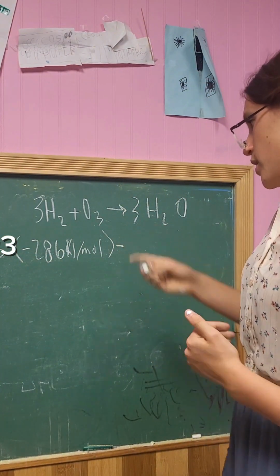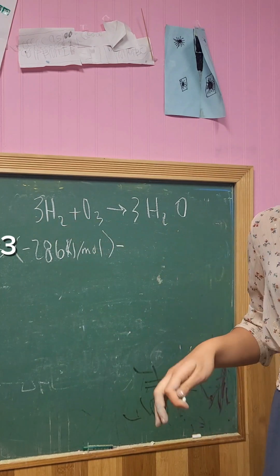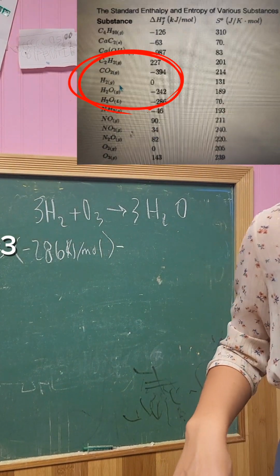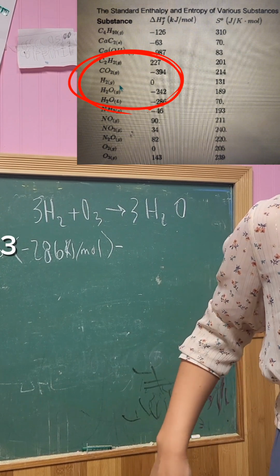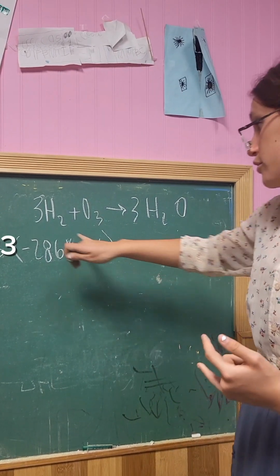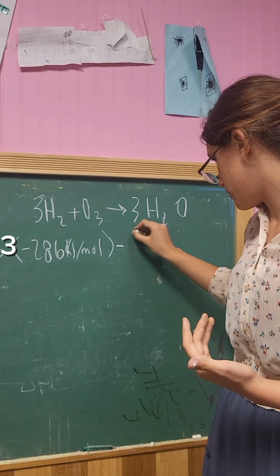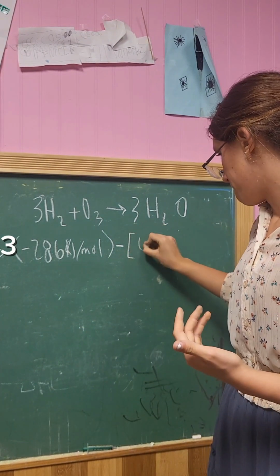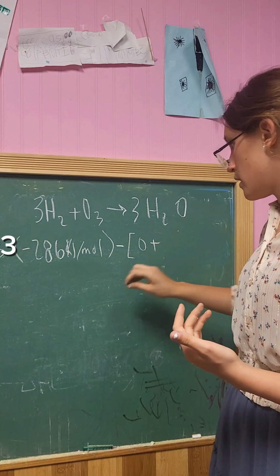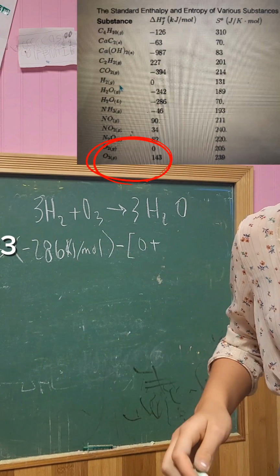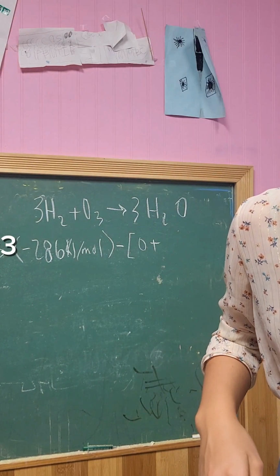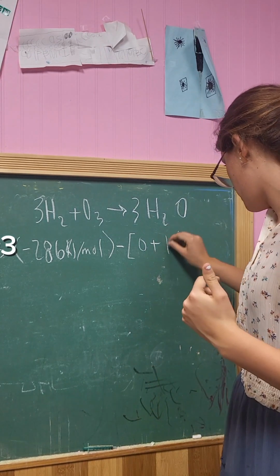And then we're going to subtract our reactants. So hydrogen, H2, is a gas, and that's 0. Even though there are 3, 3 times 0 is still 0. So 0 plus O3. We're going to look at our enthalpy chart where it says O3, and we get 143.